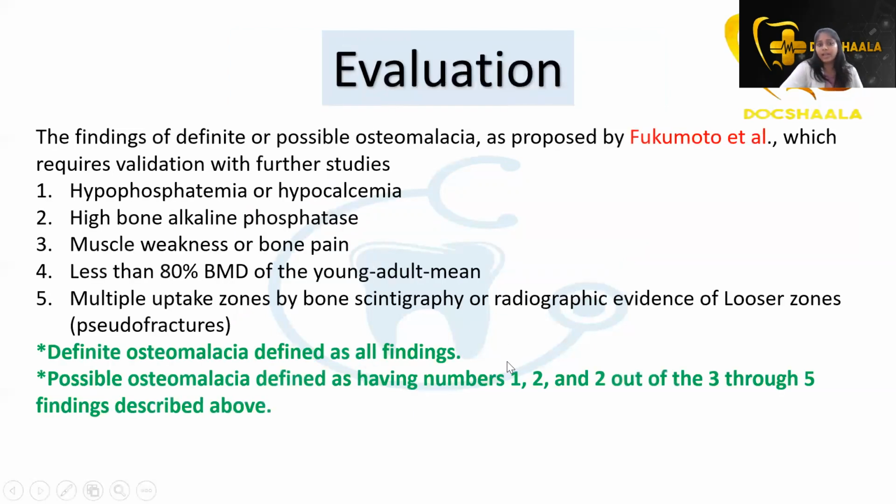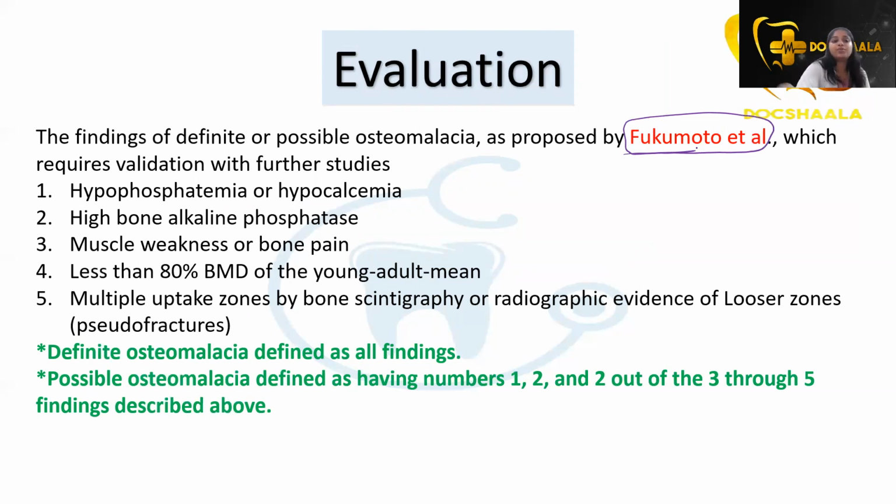Then how do you evaluate? Definite findings or possible findings of osteomalacia were proposed by Fukumoto et al., which require validation with further studies.